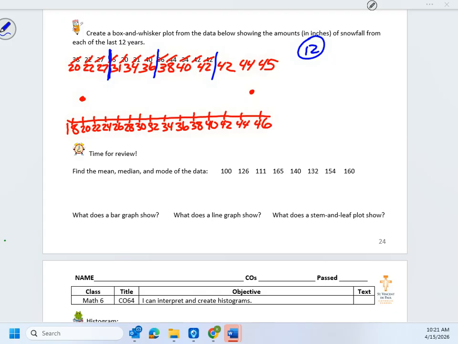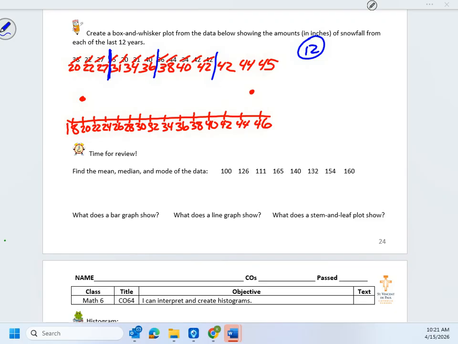Remember, if we have 2 numbers, what do we have to do to find that one? Audrey? 24. Not 24. Jack? Is it the 29? How did you get 29, Jack? Because it's in between 27 and 31. Sometimes we can know 29 is 2 away from 27, 2 away from 31.